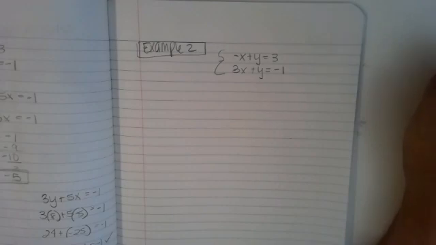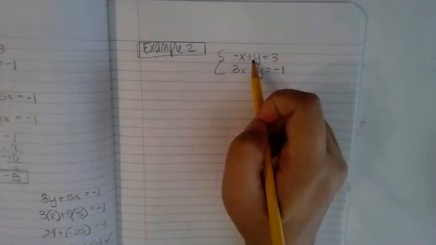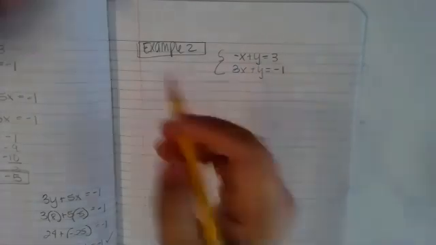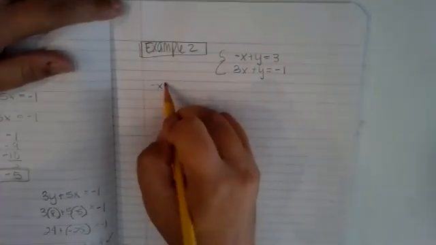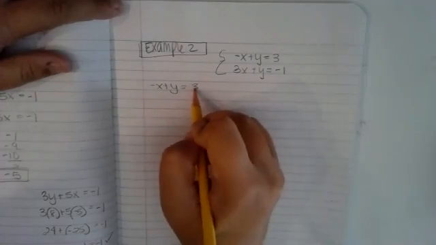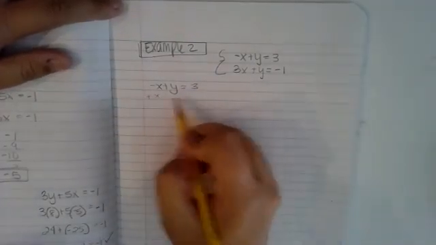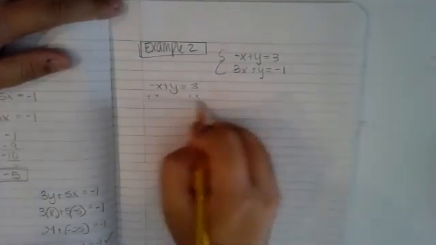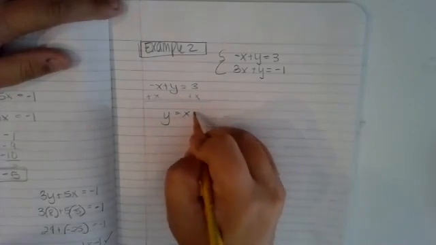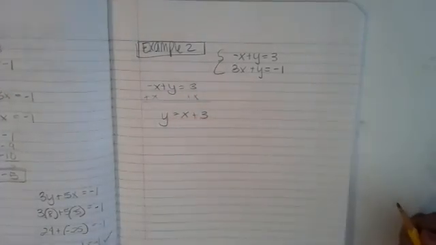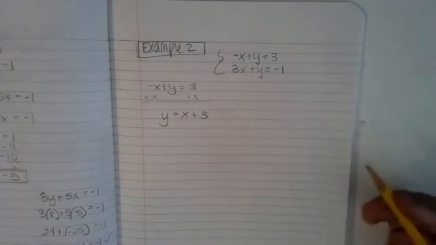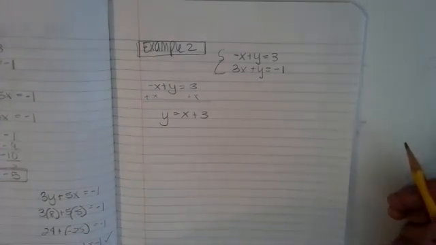So I'm going to choose equation 1, which would be my top equation, only because it seems like it's going to be a lot easier to manipulate, right? So I start with negative x plus y equals 3. I'm going to add x and I'm going to add x. That's going to give me y equals x plus 3. Okay, again, that's why I went ahead and started with that one.